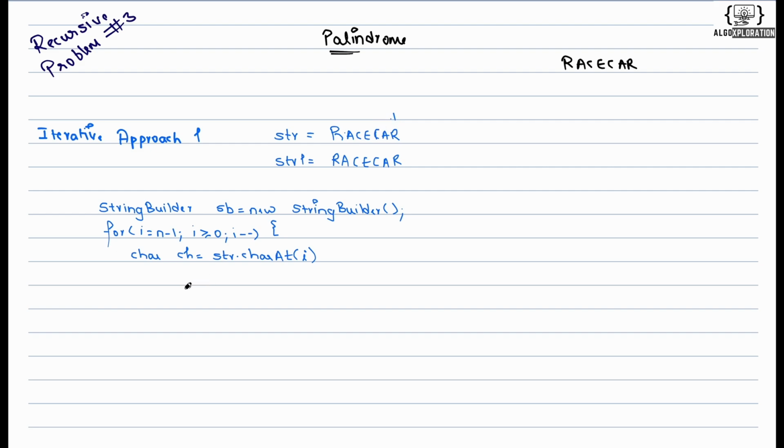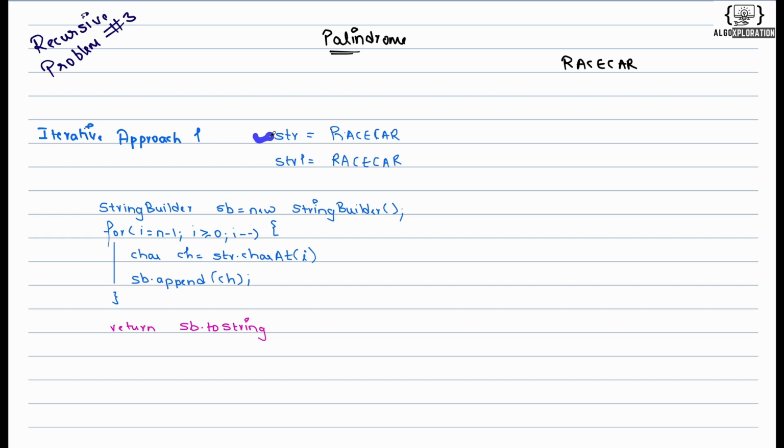After that I will have sb.append(ch). After extracting every character from the right side, it will be stored in this sb. That's it, and then returning, while checking whether sb.toString equals str, because we are comparing two strings.